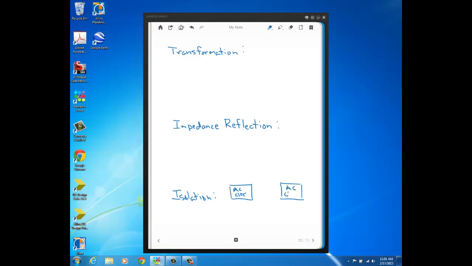But often, instead of an electrical connection, we'll provide what's called a magnetic couple. What that means is that in between the two AC circuits we put a transformer. So you see this is a magnetic couple.